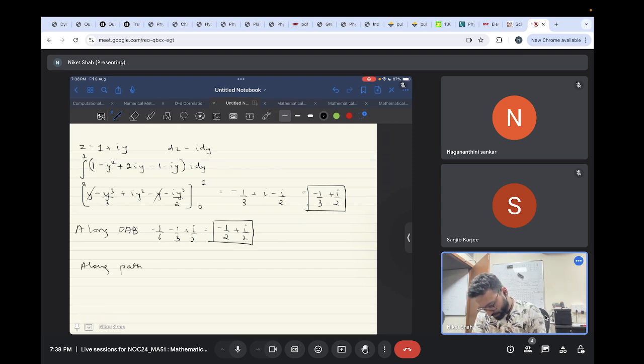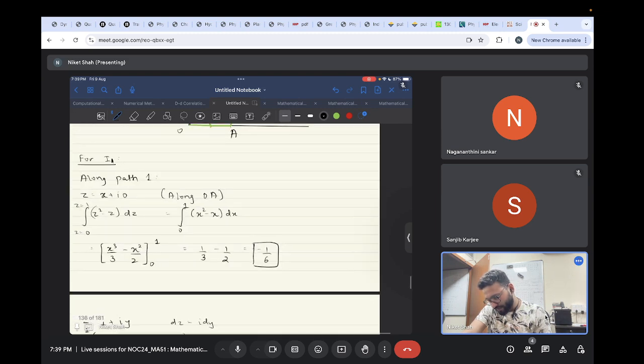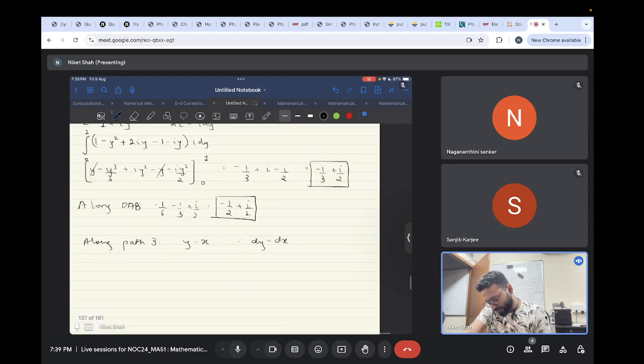Along path 3, y is equal to x. Therefore, dy is equal to dx. This is my path 3. So the integral z square minus z dz is my integral I, and this goes along this path from 0 to 1 plus i.